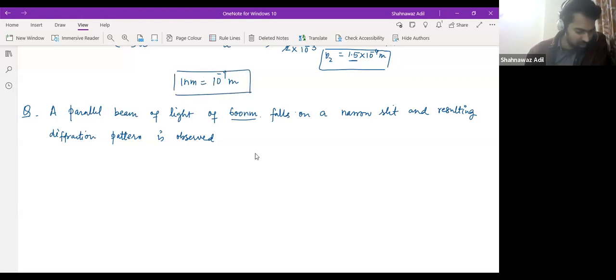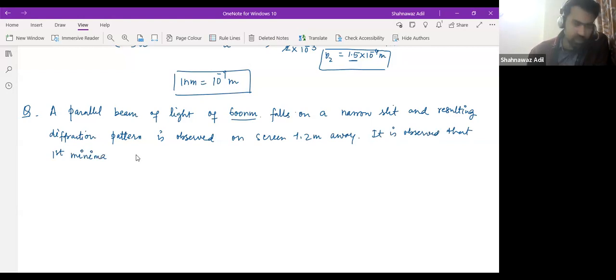So it is observed on screen 1.2 meter away. So then you have to find out that the first minima, right? And this is secondary minimum, right?